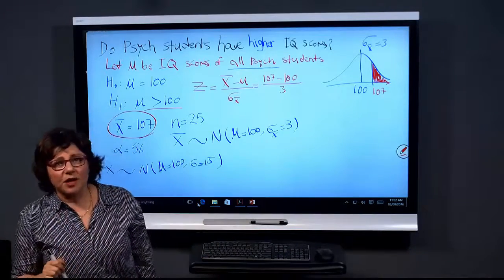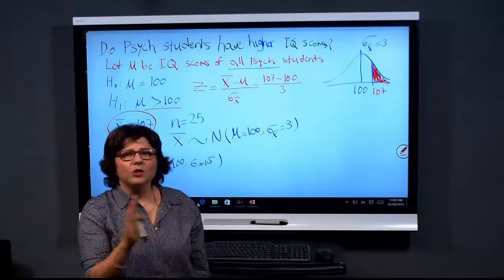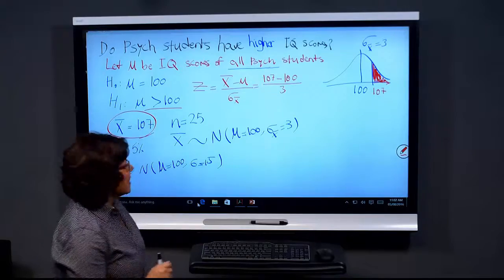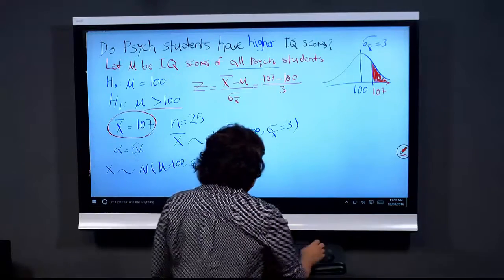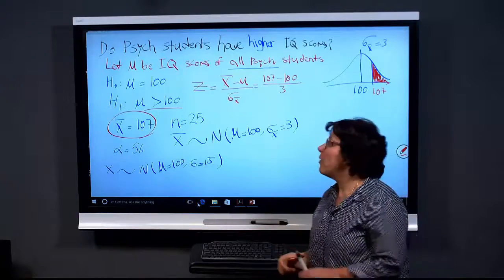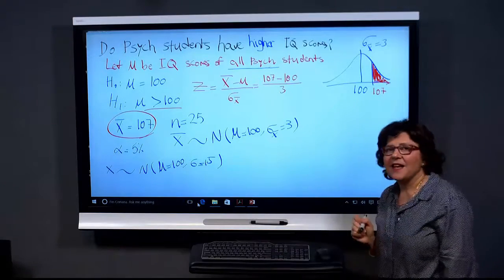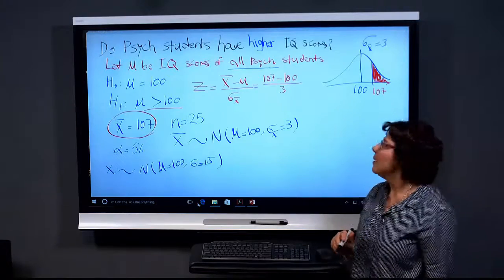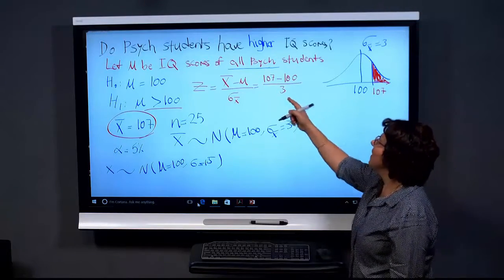Again, the way I showed you in the table, you just look at the tables, calculate this Z score, get the value, and find this probability, and that would be the p-value for this. So the probability of observing 107.